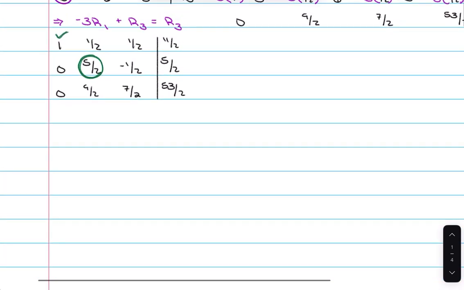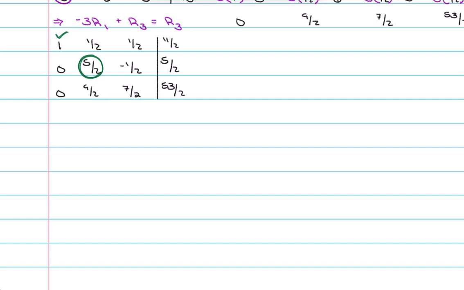So I am going to do the row operation 2/5, that's the reciprocal of 5/2, times row 2. And that's going to be my new row 2. So rows 1 and 3 are going to stay the same. So I'm going to do 2/5 times 0. This is also why we do this, because even though I multiplied this guy by a number, he's still going to say 0, and that's what we want.